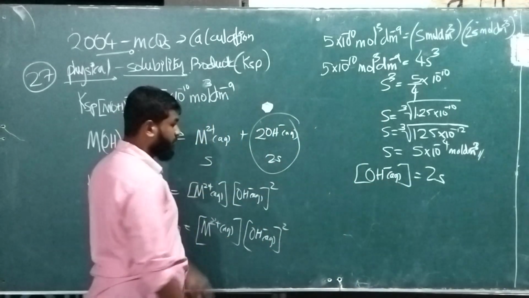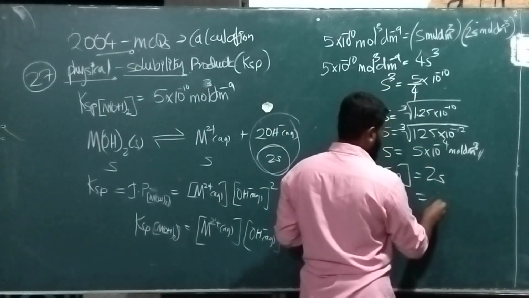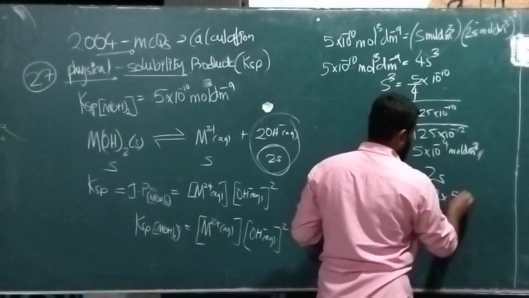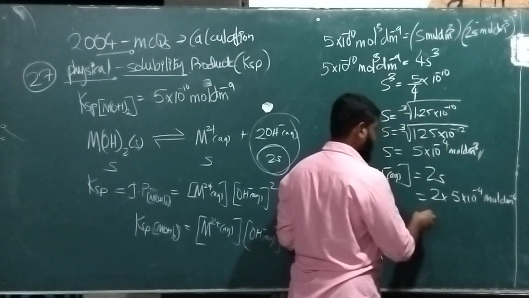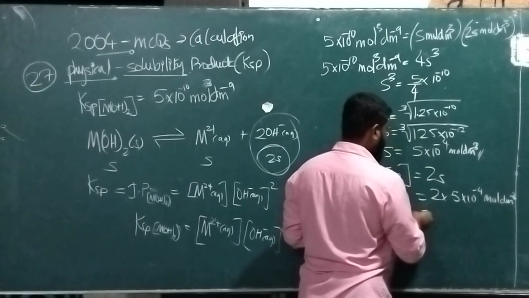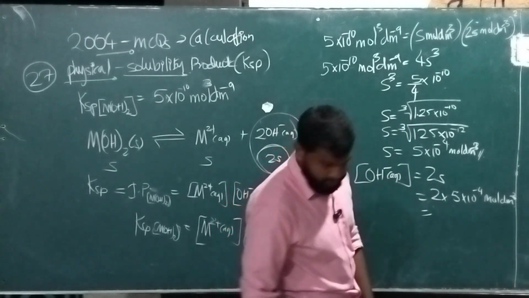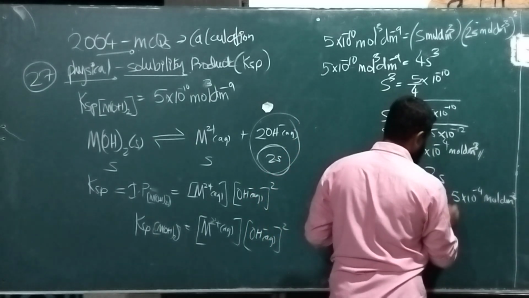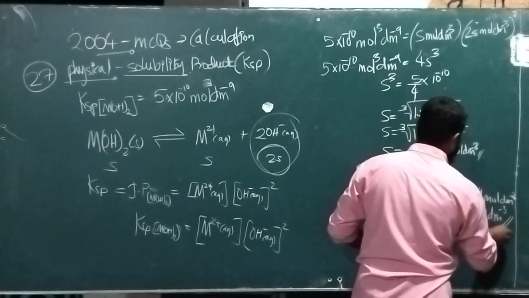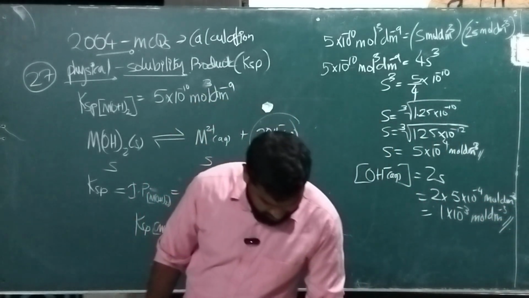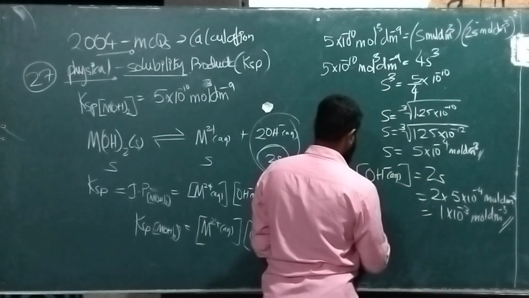So 2 into 5 into 10 to the power minus 4 mole decimeter minus 3, which is equal to 10 into 10 to the power minus 4, which is equal to 1 into 10 to the power minus 3 mole decimeter minus 3. So this is going to be your answer.